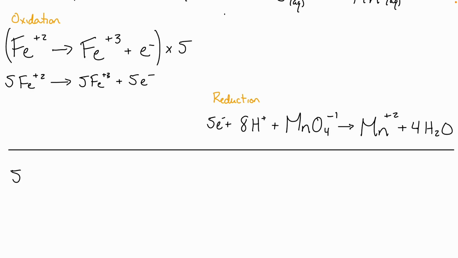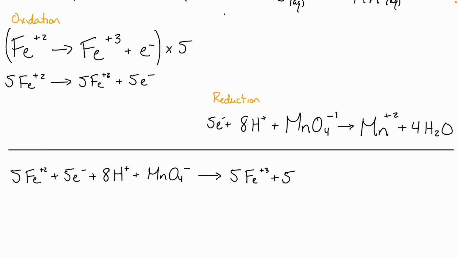So I have 5 Fe 2+, 5 electrons, 8 protons, and that permanganate ion. That takes care of all my reactants. Now I'm going to jump to the product side: 5 Fe 3+ ions, 5 electrons, that manganese 2+ ion, and 4 waters.